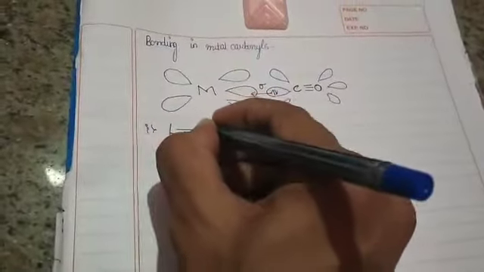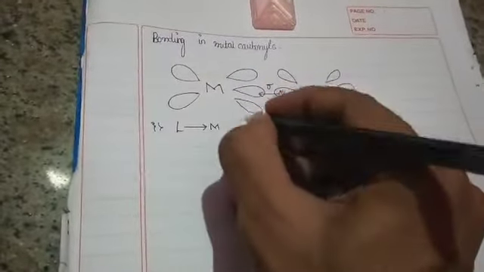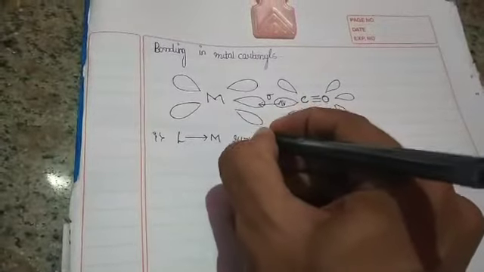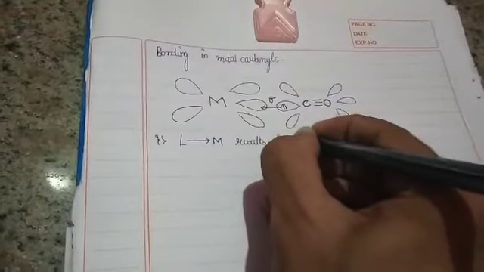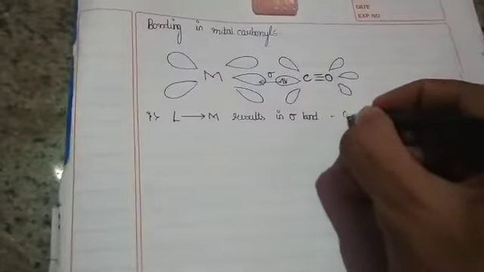So in simple terms, ligand to metal bonding takes place in metal carbonyls and results in a sigma bond, and this is also a coordinate bond.